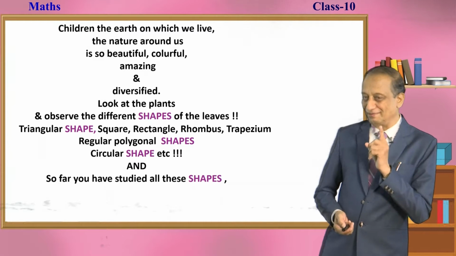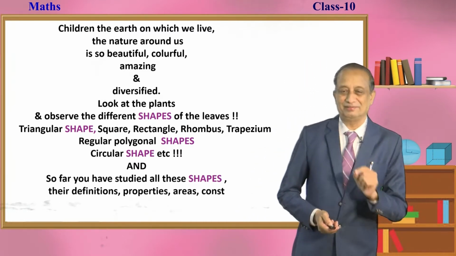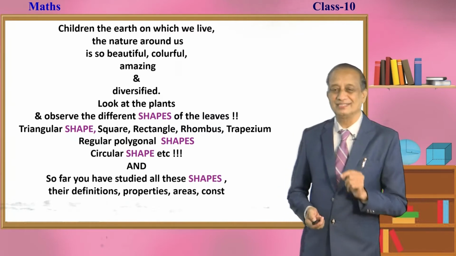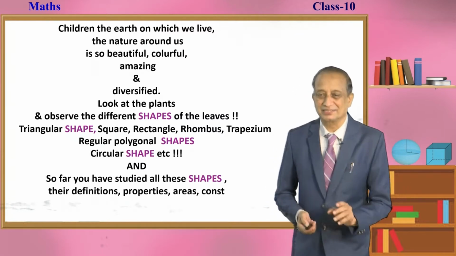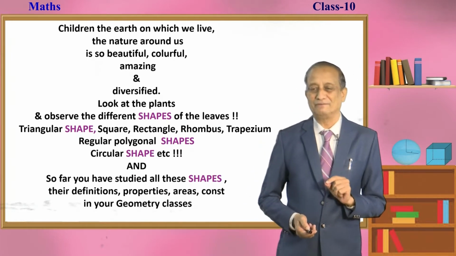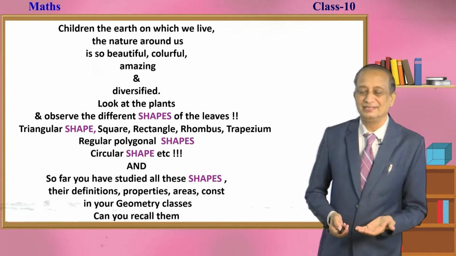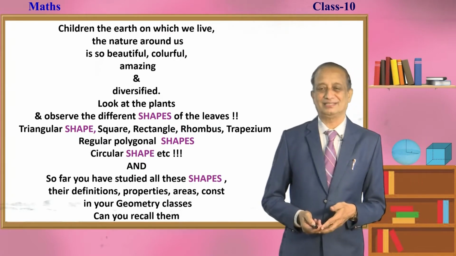Don't you think we have studied all these shapes in your previous classes, their definitions, properties, areas, constructions, and why don't you recall them, children, for some time. Recall all these things which you have learned in your geometry classes.